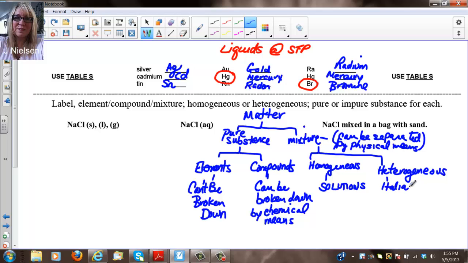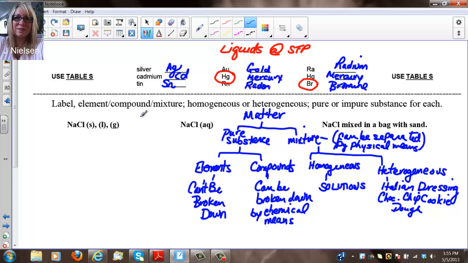So you have the vinegar, oil, and spices, and if you shake it up, it's not consistent throughout. It'll separate. Another good one is chocolate chip cookie dough. You can't be assured that you're going to get the same number of chips in each spoon of dough, so it's not evenly distributed. Those are all good ones.